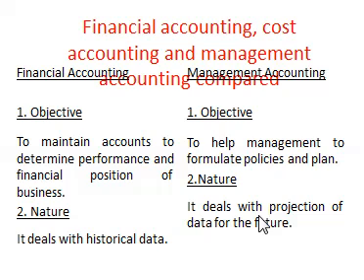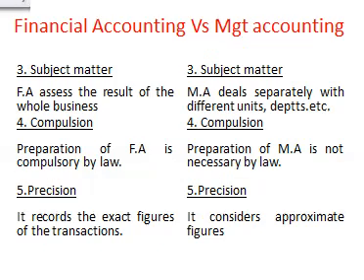You look at maybe standard cost and budget; those are future information that you are going to use. As for the subject matter, financial accounting information covers the results of the whole business, whereas in management accounting you are interested in the different units of a business. You don't cover the whole business as in financial accounting.